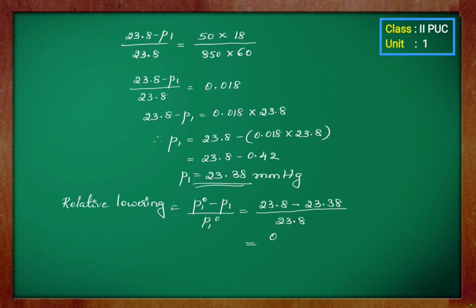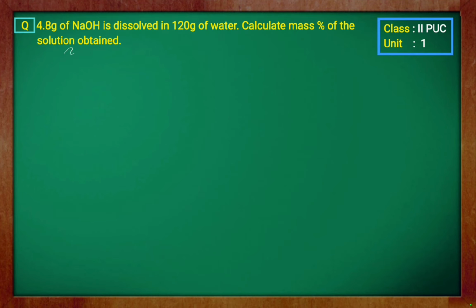This is equal to 0.42 divided by 23.8, which is equal to 0.0176. So therefore, the relative lowering that is observed in the vapor pressure is 0.0176.